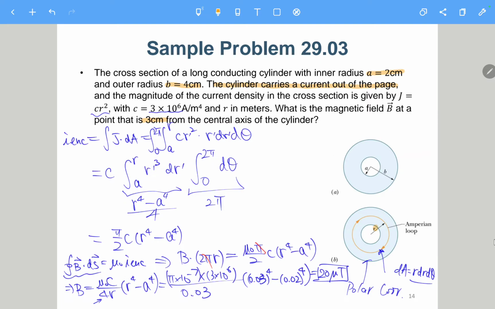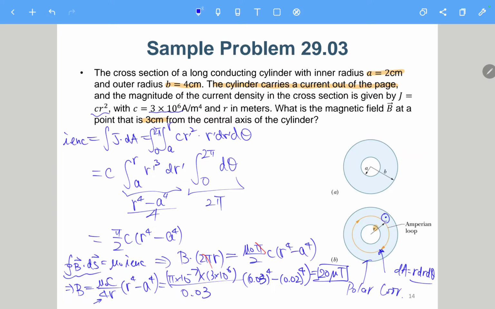So here we should have the current going out of the page. And actually here it defines the Ampere's loop to be clockwise. So using the right-hand rule, the current pointing into the page is positive.